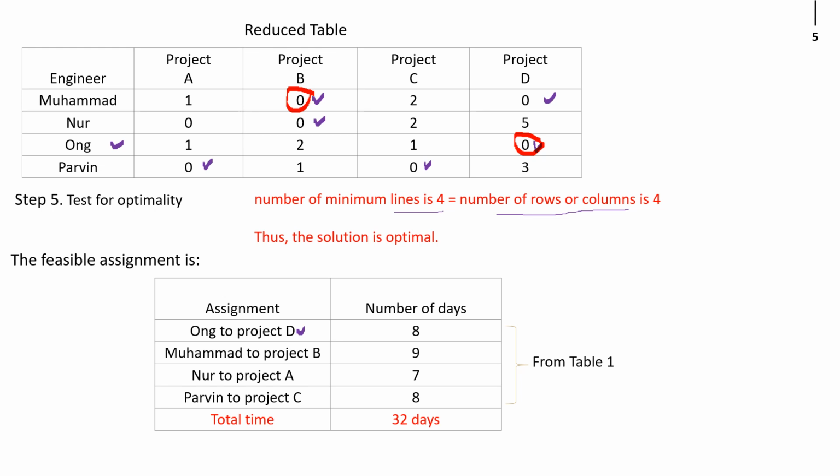Nur will be assigned to project A. I cannot choose project B because project B is already assigned to Muhammad. And the last one, Parvin, will be assigned to project C.